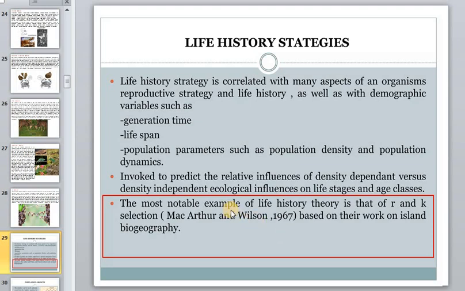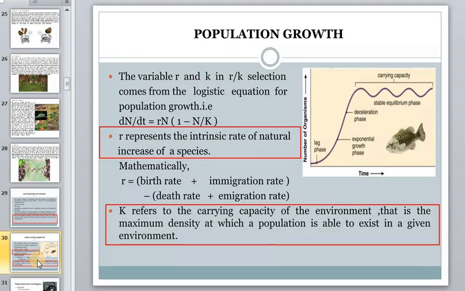The most notable example of life history theories is r/K selection, based on work on island biogeography. Here r represents the intrinsic rate of natural increase of the offspring, and K refers to the carrying capacity of the environment, that is, the maximum density at which a population is able to exist in a given environment.